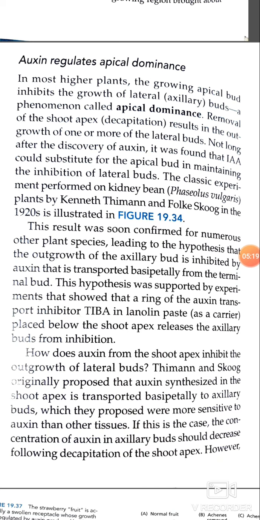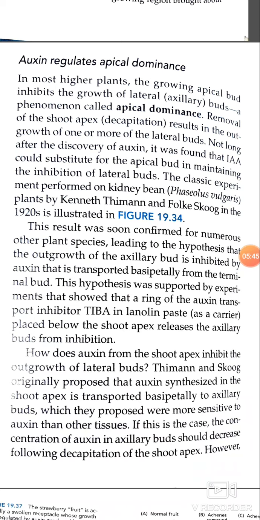This hypothesis was supported by an experiment showing that a ring of the auxin transport inhibitor TIBA in lanolin paste placed below the shoot apex releases the axillary buds from inhibition.